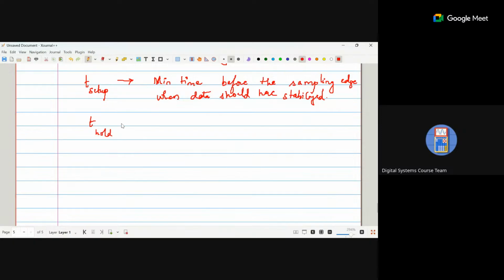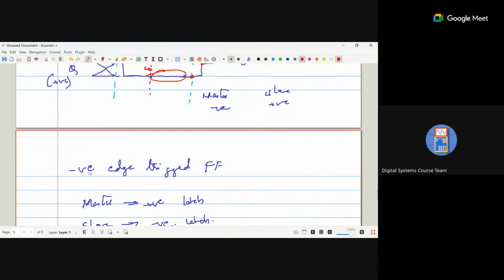Next is T hold. T hold is basically the same minimum time which is required after the sampling edge, when the data should be stable.